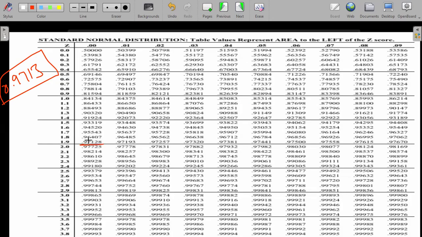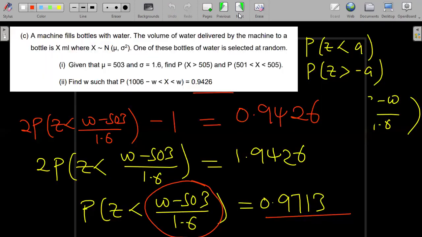So this is 0.97128. If we round it off, we have our 3 there. So I'll go up, that is 0.00, and then if I go to the left, that is 1.9. So that would be 1.9 plus this, just 1.9. So it means this part here is equal to 1.9.